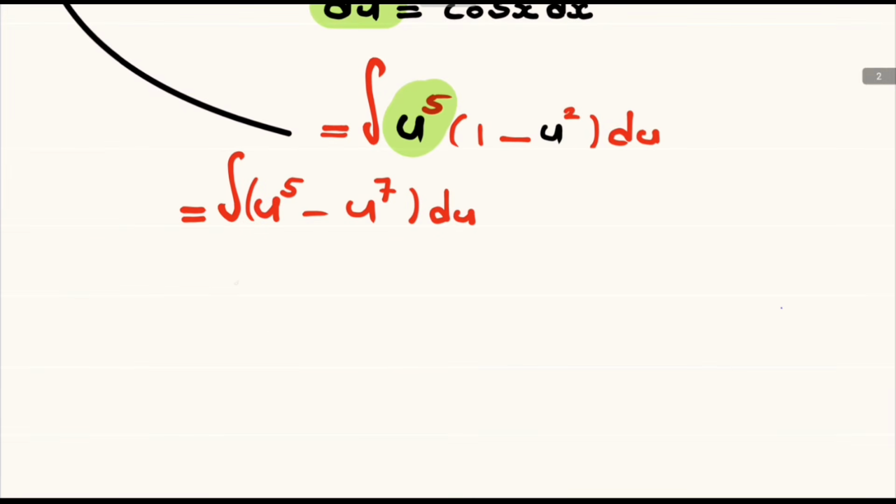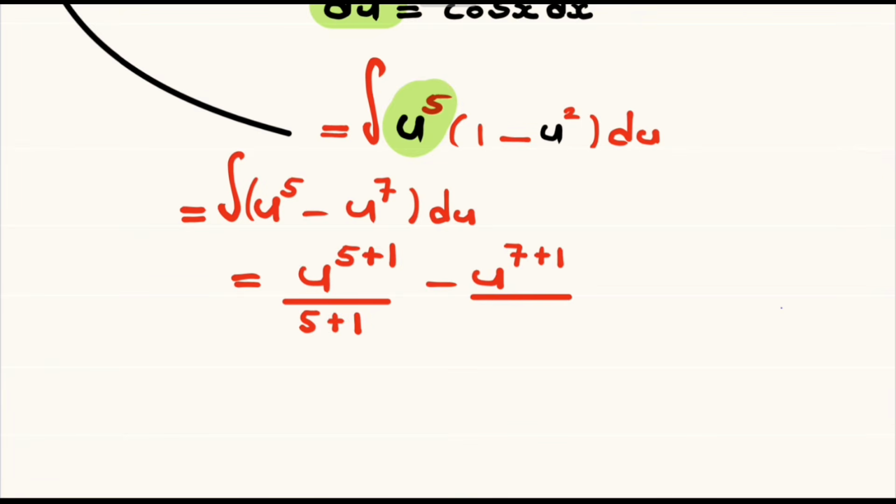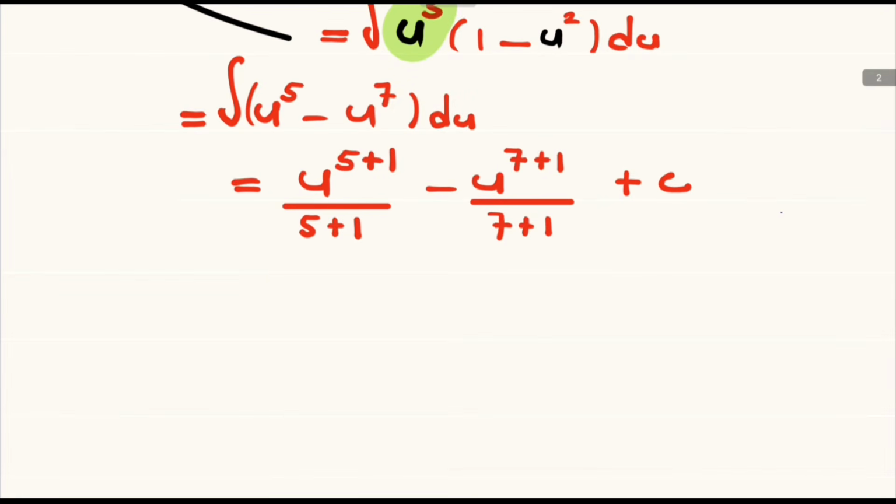The integral of u to the power 5 will be u to the power 5, we add 1 to the exponent, and we divide the whole by the new exponent, 5 plus 1. The integral of u to the power 7 will be u to the power 7 plus 1, we add 1 to the exponent and we divide by the new exponent, 7 plus 1, plus our constant c.